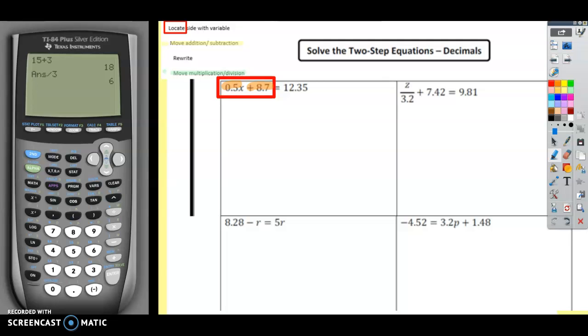So again, following the steps procedure here, we're going to get rid of the plus 8.7 first. In our steps, it comes next. So again, let your calculator do the calculations. The procedure is exactly the same. So we're going to subtract 8.7 on both sides. Minus 8.7 is 3.65.